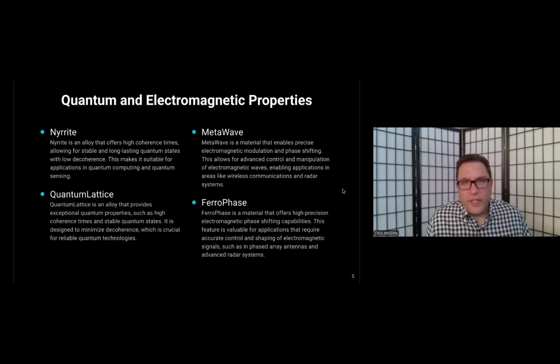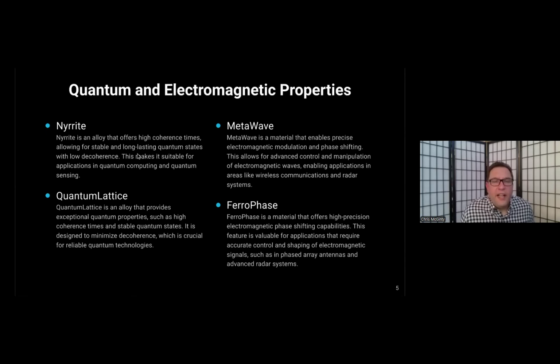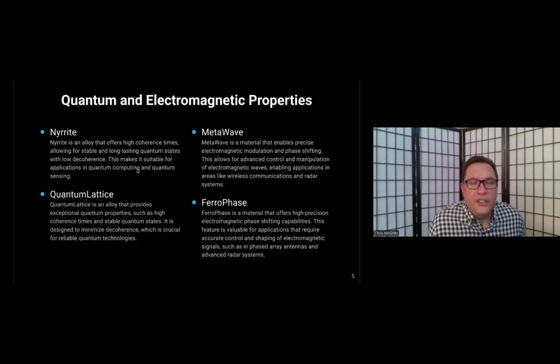So these are some that have actual quantum and electromagnetic properties, and this has to do with the interactions of the different materials within the alloy and the way that they're placed. Nyrite is a very special one because it has a relation between the materials within it that naturally creates what are called shield rings.